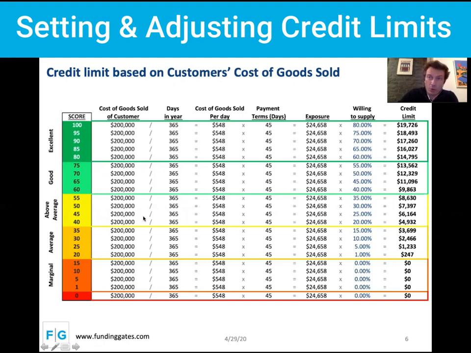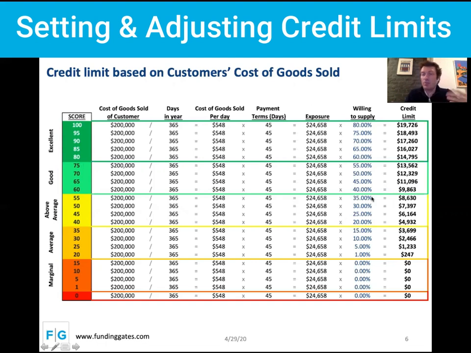Now, depending on where the customer falls in the ranking over here, based on the customer scorecard we did earlier, you can adjust how much of that total exposure you're willing to take on or willing to supply. If the customer has an above average credit rating, you start at 20% risk exposure, and you might go up to 35%.